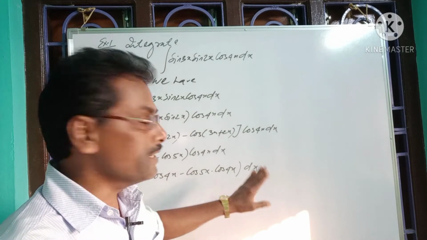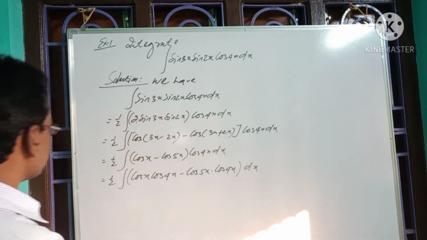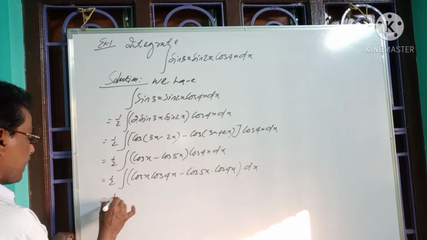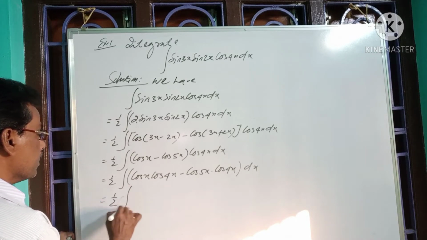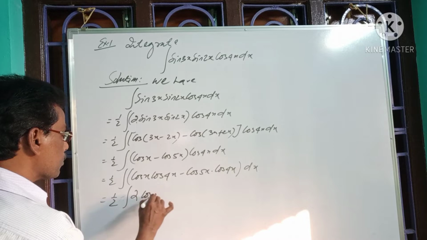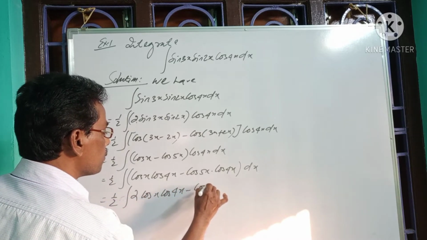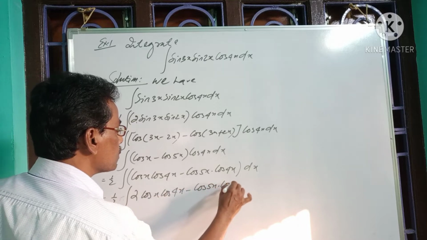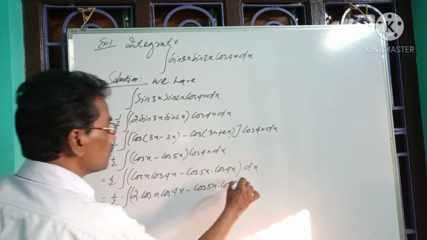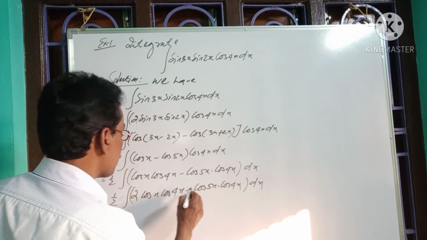So in order to integrate it again, let us adjust, that is again we have to multiply by half and 2, so that we have the integration of 2 cos x into cos of 4x minus cos of 5x into cos of 4x, whole integration with respect to x.